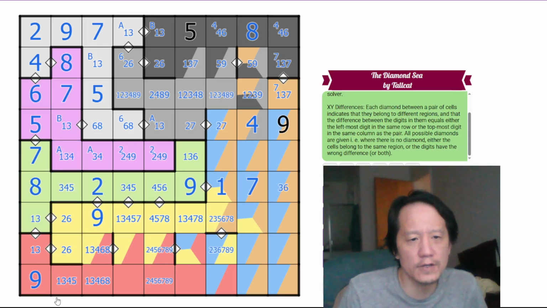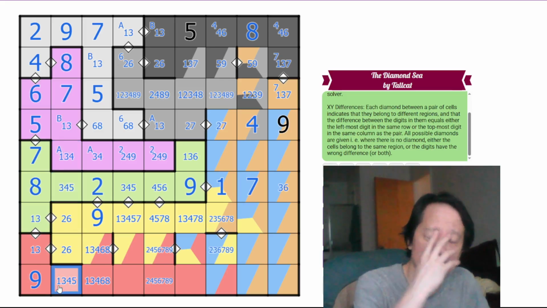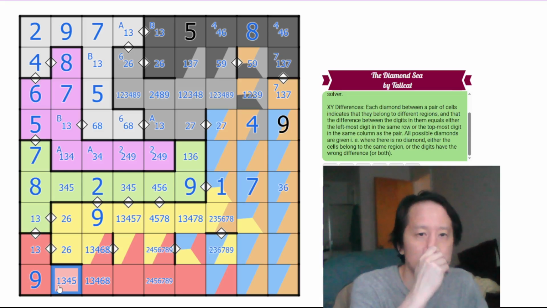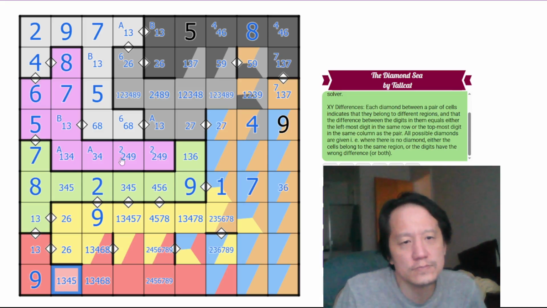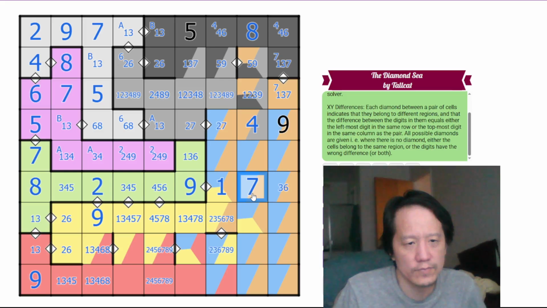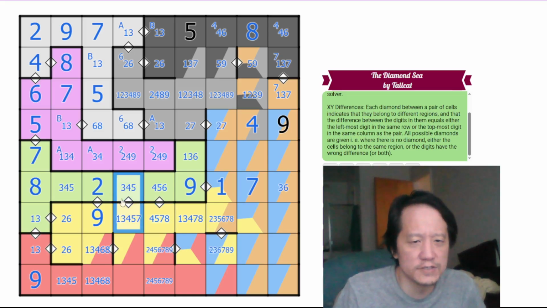It can be any of these 3 technically. One of these is 7. So one of these is a difference of 1, and the other one's a difference of 3, but we're not sure which is which here.